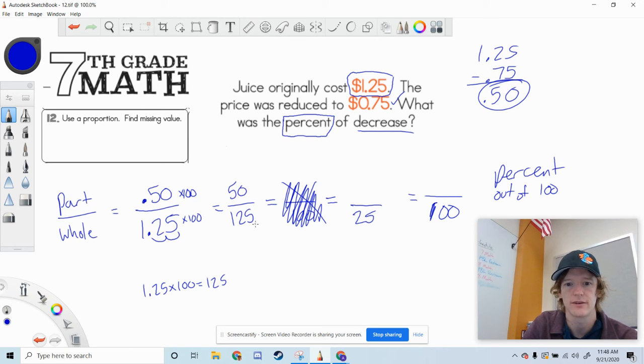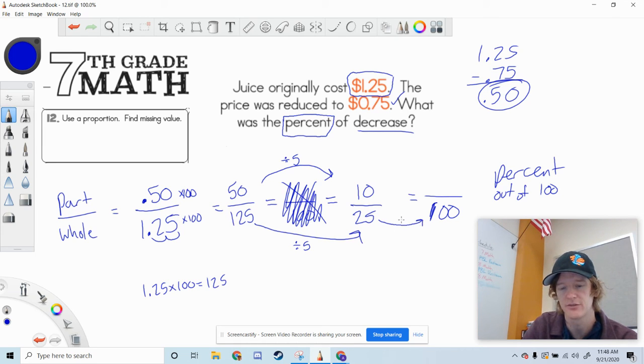From here to here, what I did was divide by 5. In a proportion, as long as I do the same thing on the top, this is going to work. Divide by 5, so 50 divided by 5 is 10. For our last step, 25 times 4 is 100, so I have to do that here. 10 times 4 makes 40. 40 out of 100.